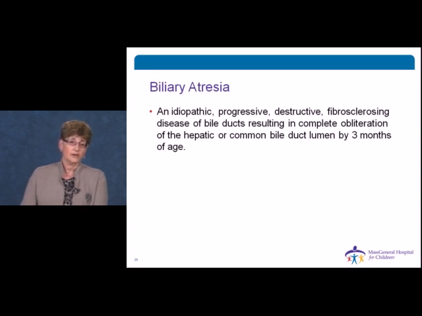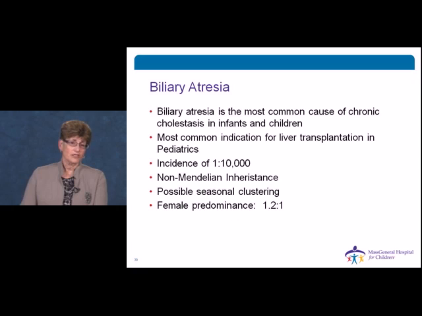So what is biliary atresia? It's idiopathic, it's progressive, and it's destructive. It causes fibrosclerosing of the bile ducts and results ultimately in complete obliteration of the hepatic or common bile duct lumen, generally by 3 months of age.